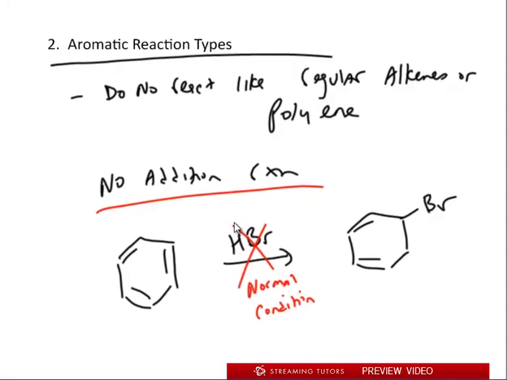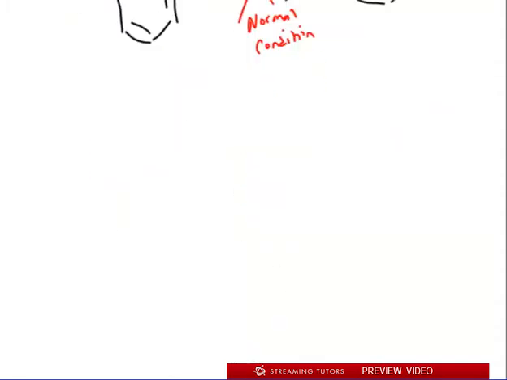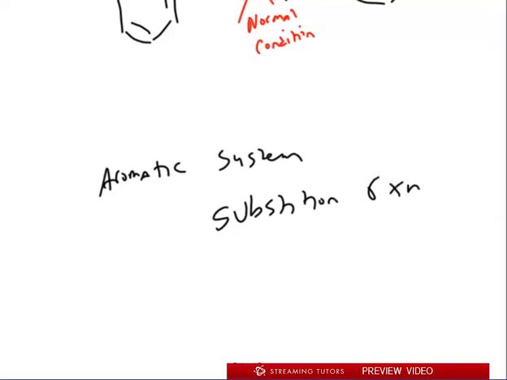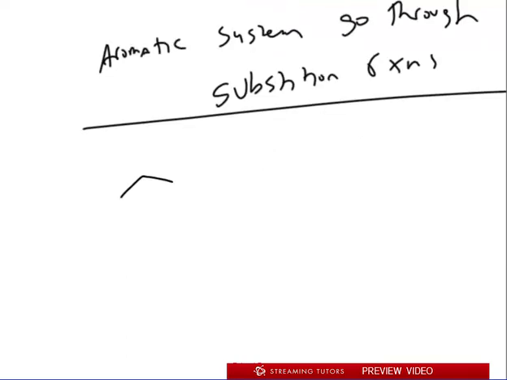Okay? All right. Now, as far as what they do, aromatic systems go through what's called substitution reactions. So they go through substitution reactions, meaning you can swap out something on the benzene or any aromatic system and put something in its place.